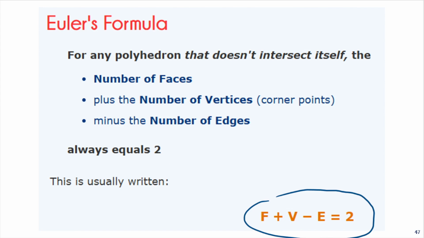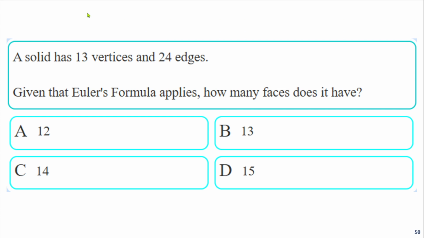Okay, for example, if I tell you a solid has 13 vertices and 24 edges, given that Euler's formula applies to this solid, then how many faces does it have? So immediately you should know the answer is 13, right?